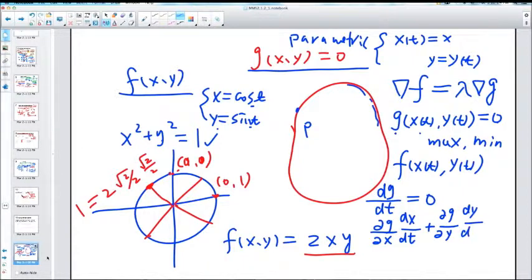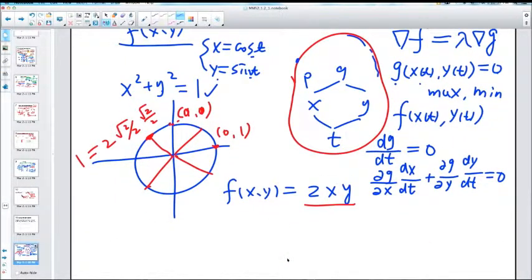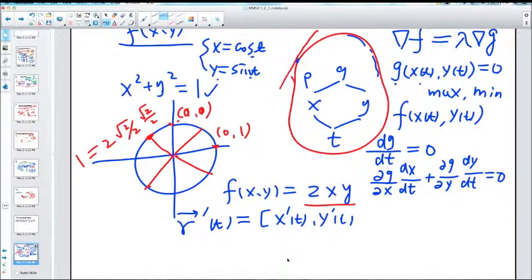That's how you figure out the derivative. If I rewrite it, I let this be r prime, the derivative. Last time I told you it is the tangent line direction, the r prime t.